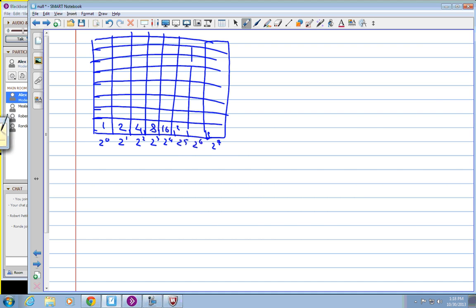So what is it? 32, 64, 128, 256, 512, 1024. It's getting out of hand, right? 2048. And we're halfway through the second row. The last square here will contain 2 to the power 63 grains of rice.